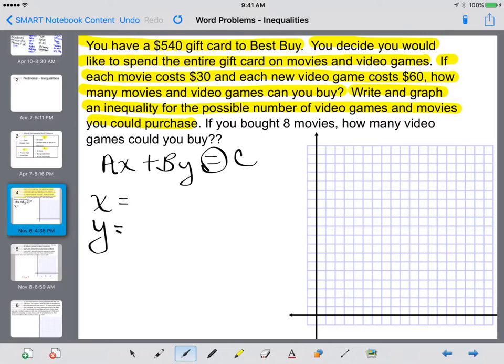What's going to be represented with y? Each of these problems is going to have 2 variables that are being talked about. In this case, we have movies and video games. So I'm going to say let x equal our movies and y equal the number of video games.